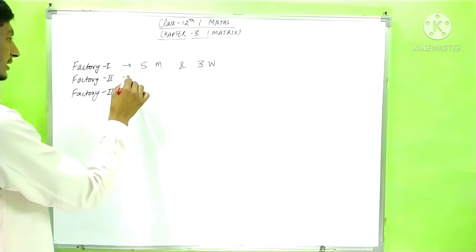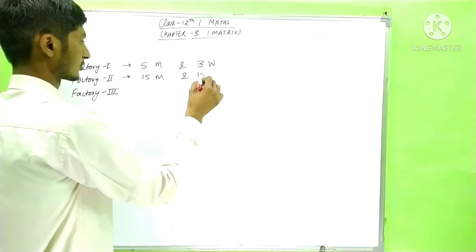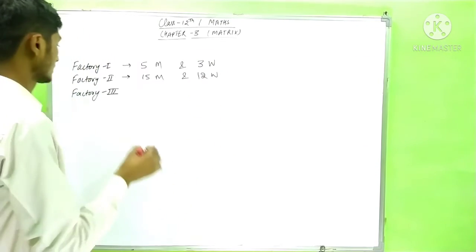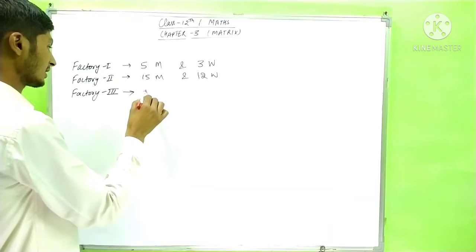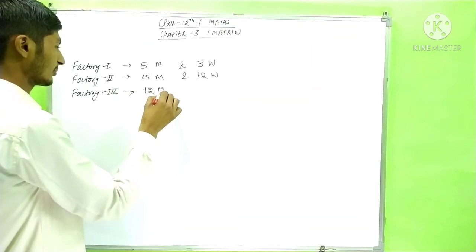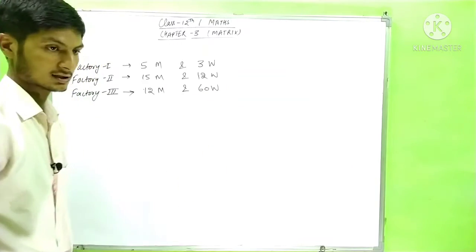In the factory second there are 15 man workers and 12 women workers, and in the factory third there are 12 men workers and 60 women workers.